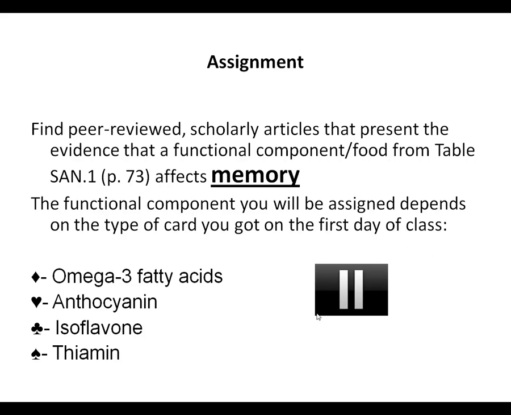In these videos, anytime you see this symbol pop up, it means that I'm going to ask you to do something, and I literally want you to go to your YouTube video controls and pause the video so that you can do what I'm asking you to do. Okay, so go ahead and pause the video now.